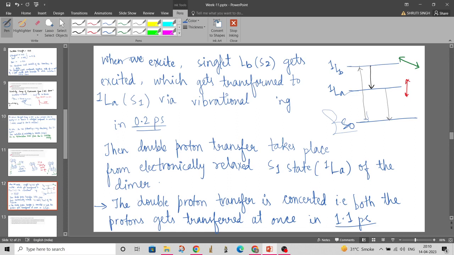Both take 1.1 picoseconds to get transferred, and the 0.2 picosecond is the relaxation time from the 1LB state to the 1LA state.